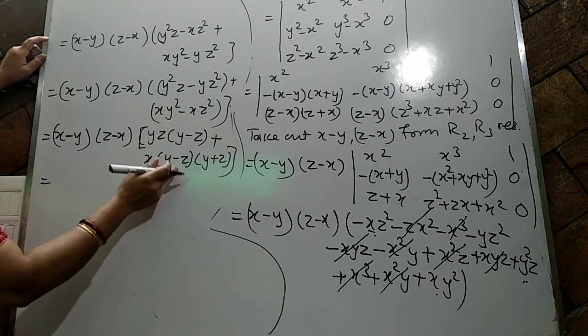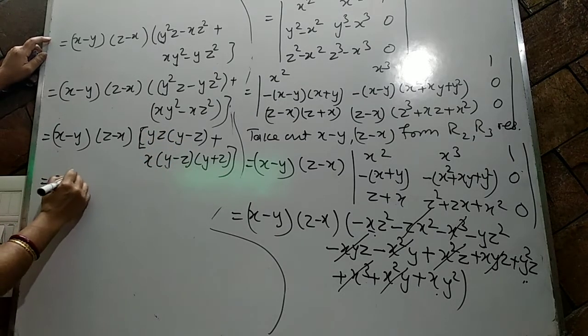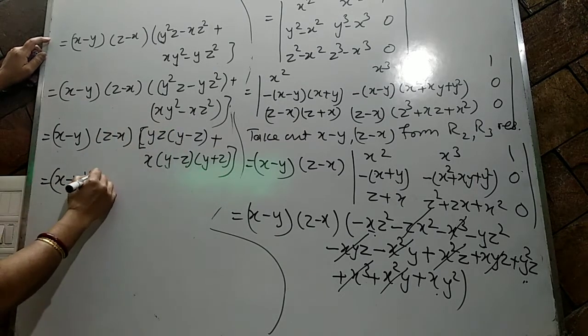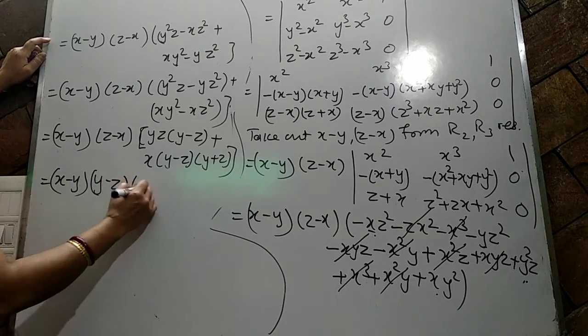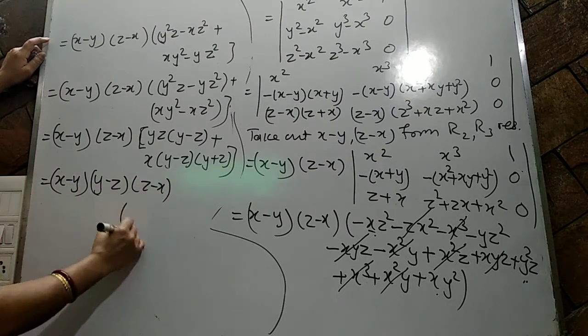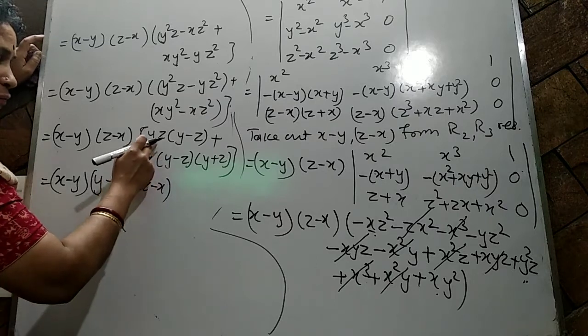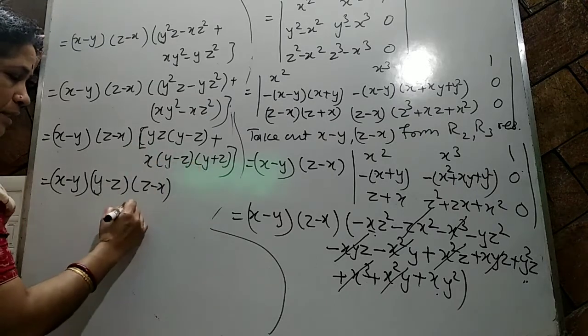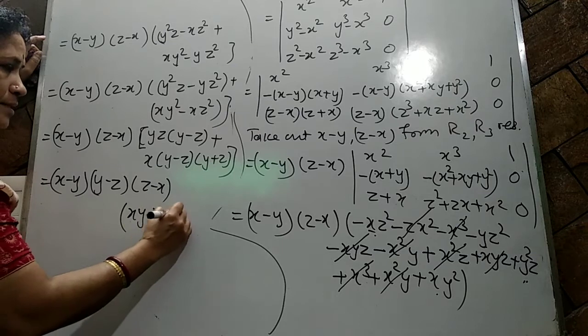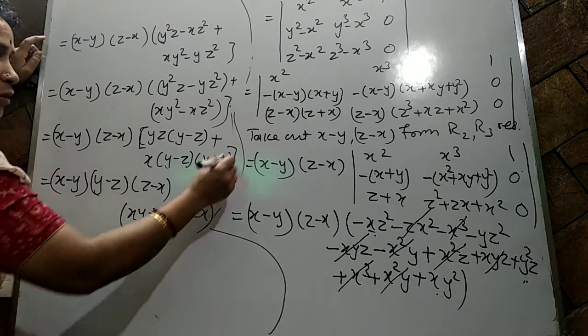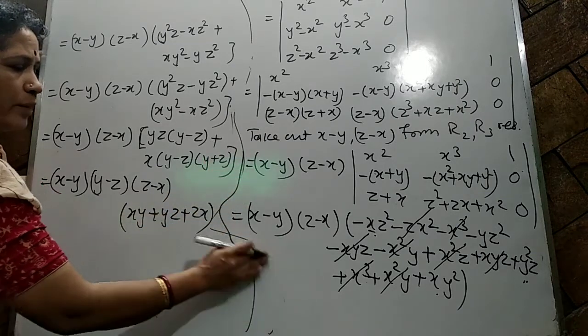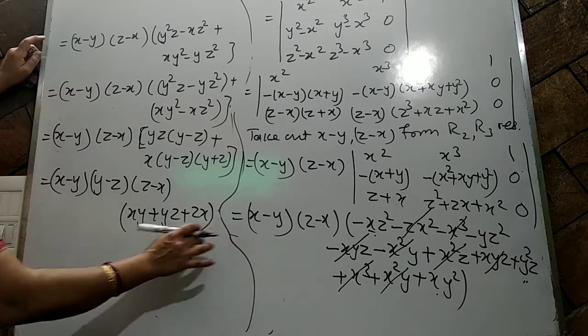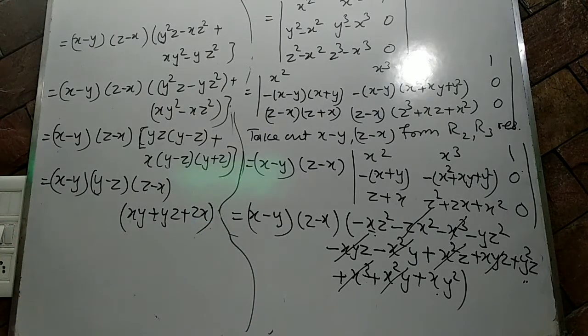Now both terms have y minus z common. So we have x minus y, y minus z, I'm taking out into z minus x, and then remaining I have here yz plus x into this, that is xy plus yz plus zx. This is one of the most important repeated questions. Are you clear how I rearranged here? Write fast.